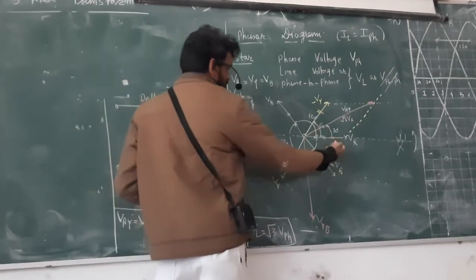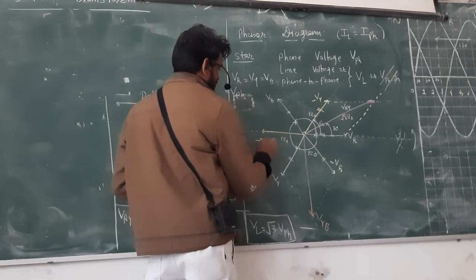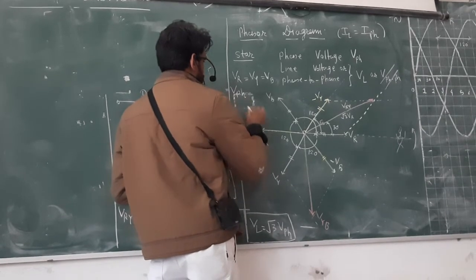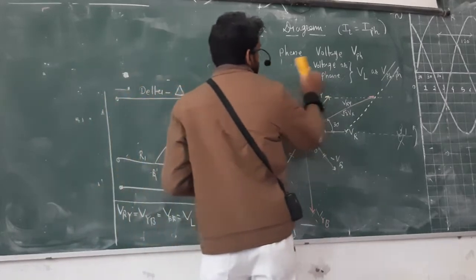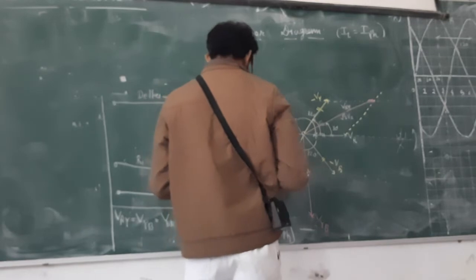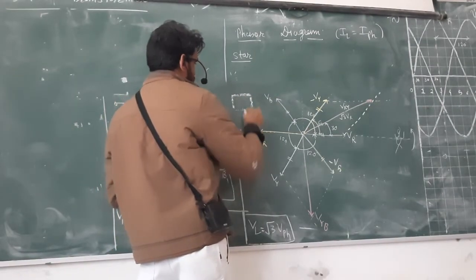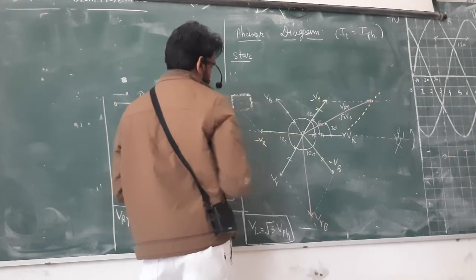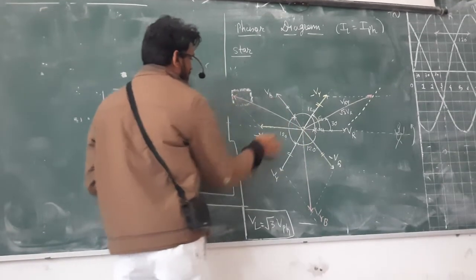So I need to shift R in this direction, negative BR. I need to add them.